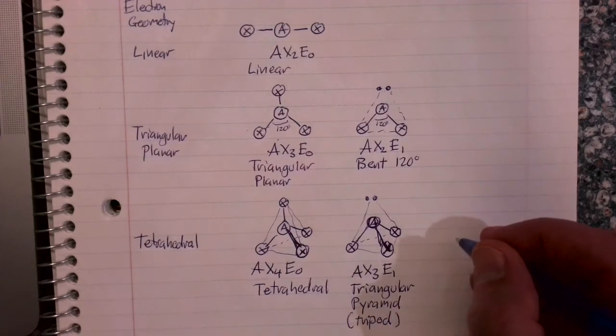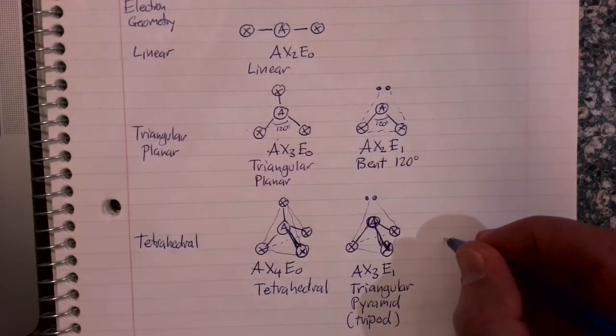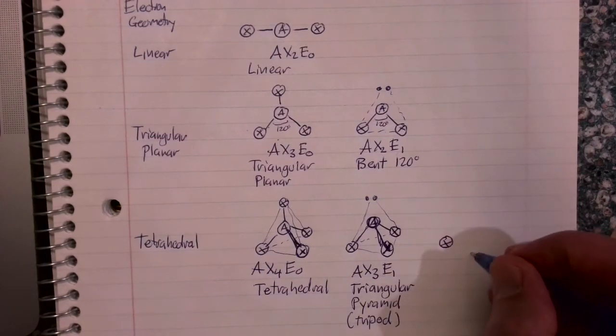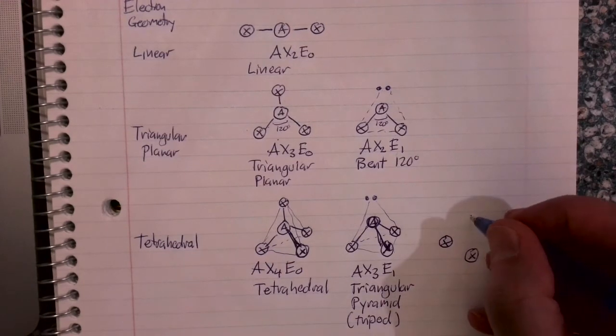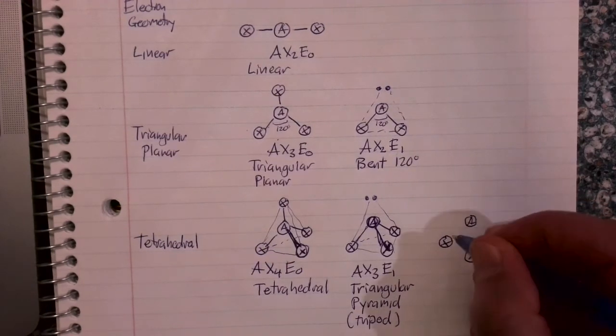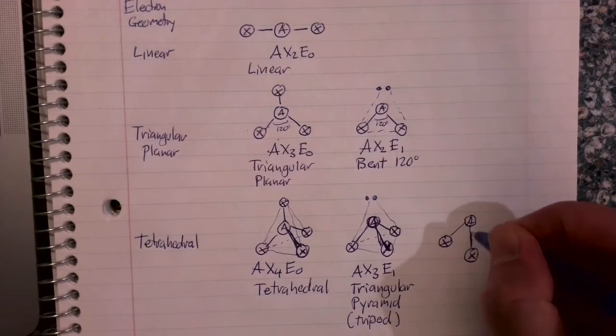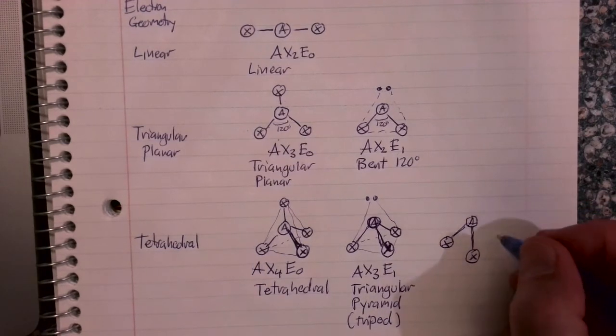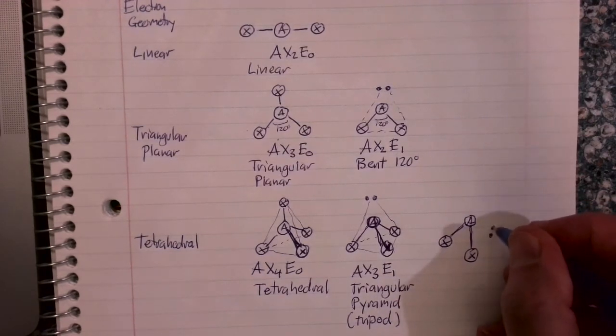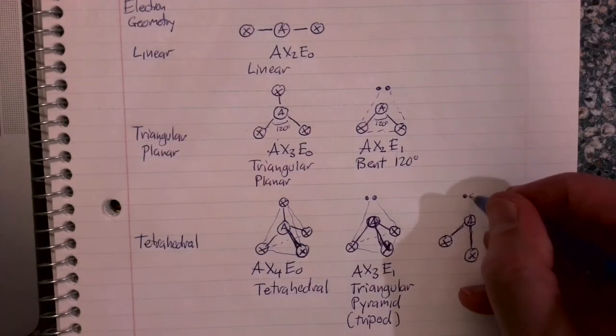I can also pull two of the atoms off of here, like I did with water, and I can have just two left, and I'll still have my central atom. Okay, and here are my bonded atoms, and now I've cut off both corners that are left.